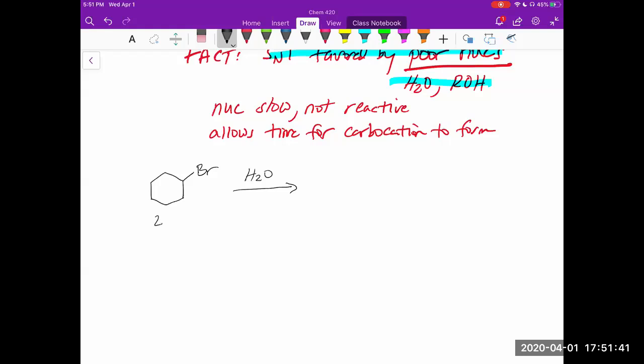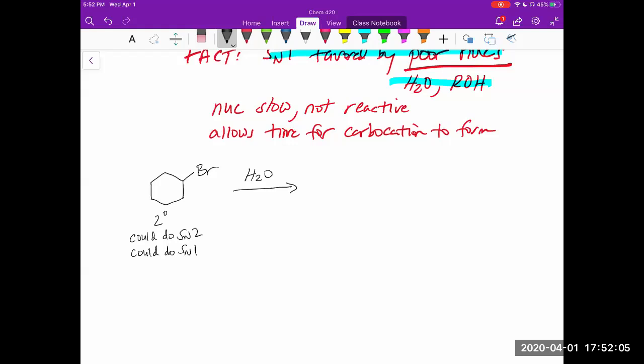So it's a secondary alkyl halide. A secondary could do SN2. Right, they're a reasonable SN2. They're also kind of a stable carbocation. They could do SN1 as well. So just looking at the substrate, that's not real helpful because it could go either way.